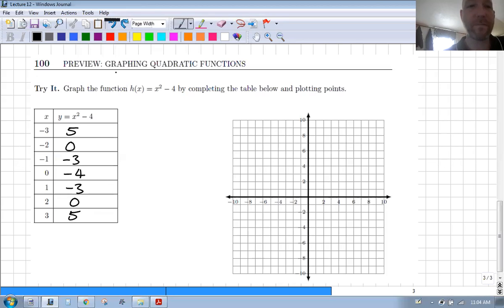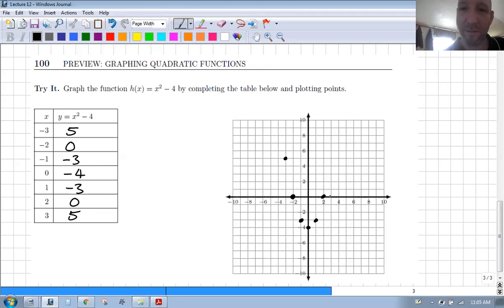Okay. So at -3 we go up 5. At -2 we're at 0. At -1 we go down 3. At 0 we go down 4. At 1 we're at -3. At 2 we're at 0.